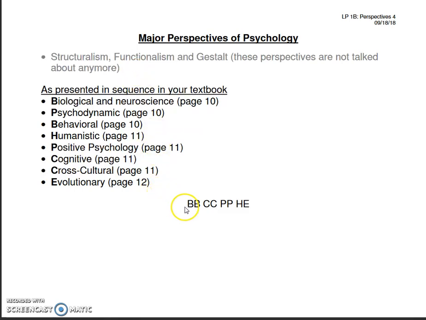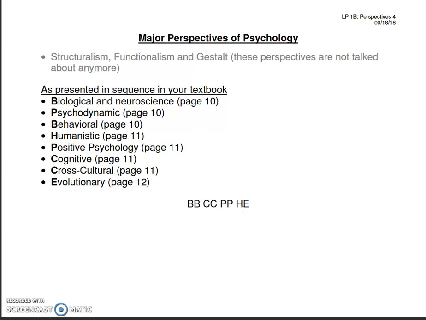When you learn about something for the first time, you want to start off slowly, and as you go along, add more information. So when learning about the perspectives of psychology, if you don't care about the sequence, you can use the 8 letters, 2 B's, 2 C's, 2 P's, and H and E, to help remember the first letter of the different perspectives.